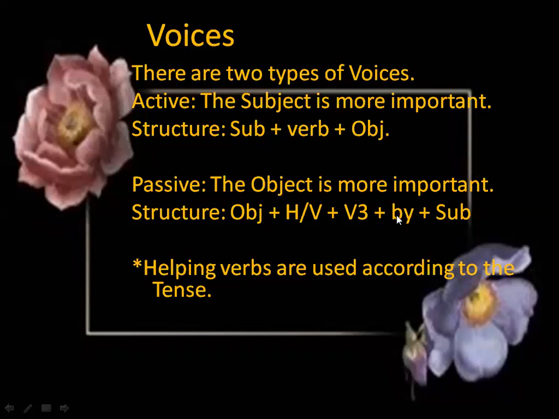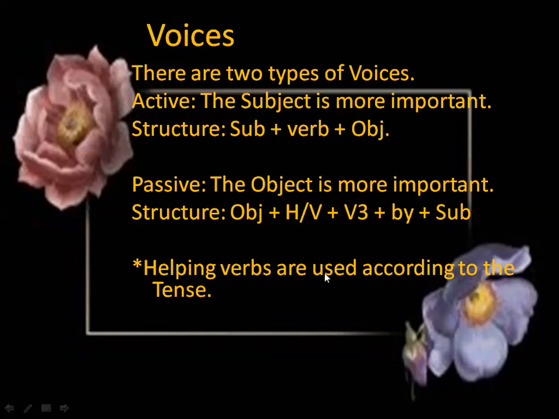Then before subject we have to use by, के ये काम इसके जरिए परफॉर्म किया गया. This is the preposition by which is used before subject in the passive voice, के इस subject के जरिए ये काम इस object पर perform किया गया था, किया गया है, किया जाएगा, whatever is the tense over here in the active voice.